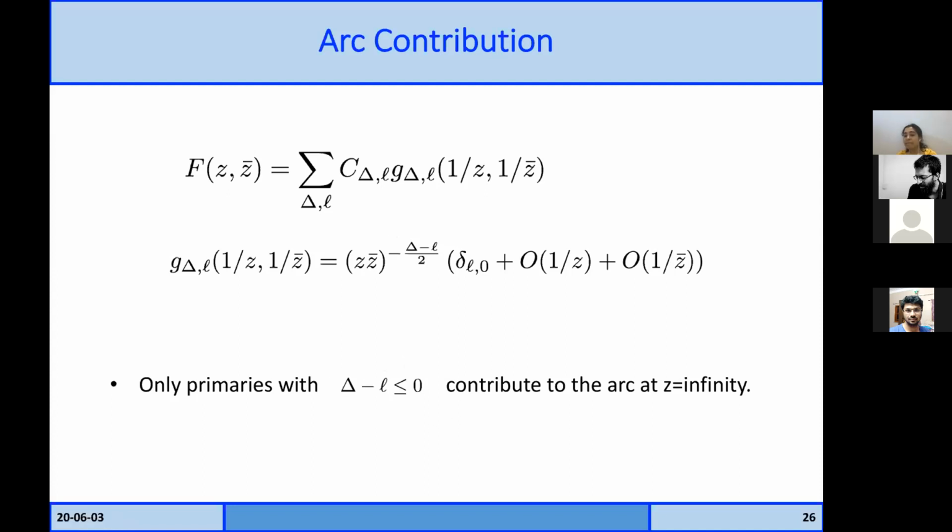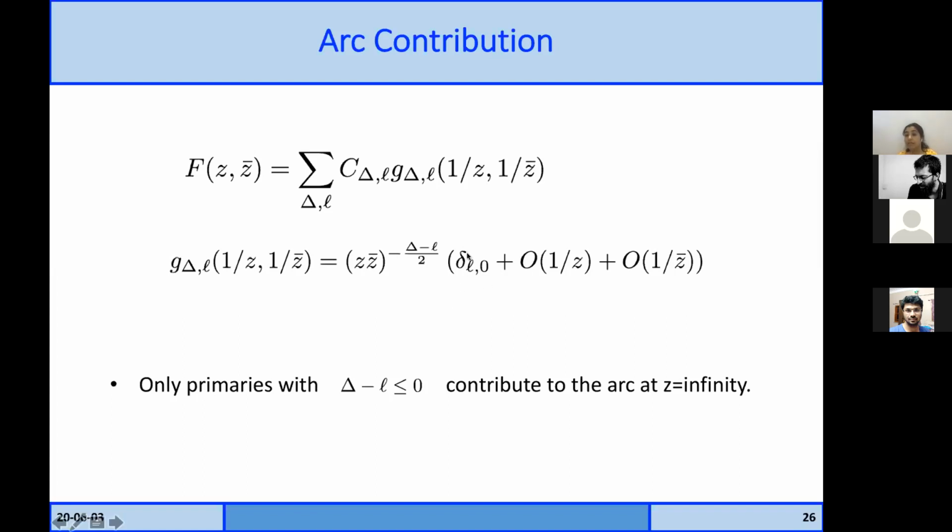But from this formula it looks like the higher spins are not suppressed. Probably it's a bad way of writing this. In this expression, all the dimensions and all the spins are there. So what I'm trying to say is, what are the operators that can contribute at Z equals infinity?